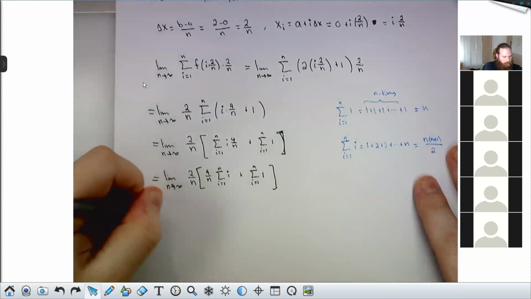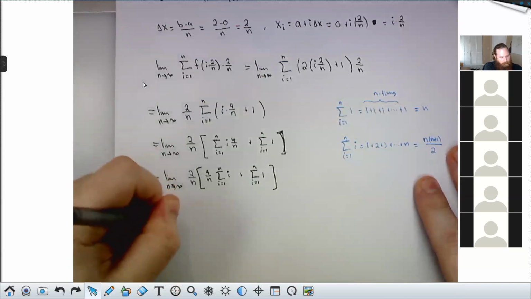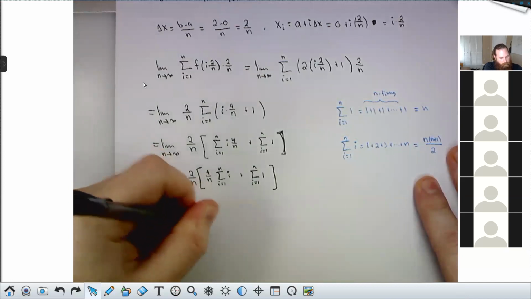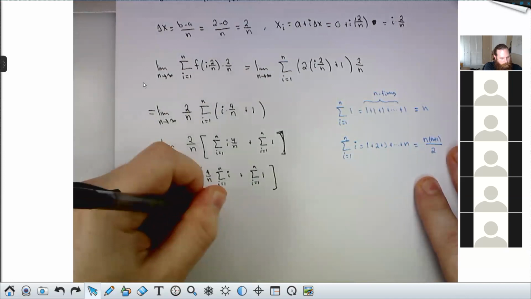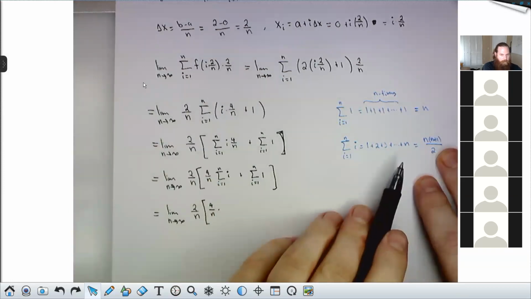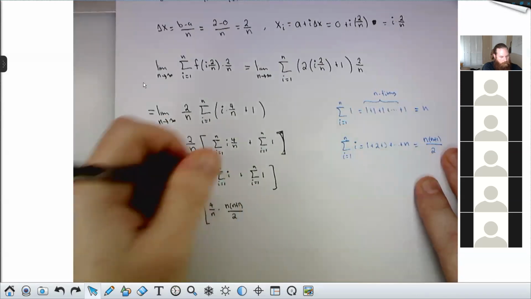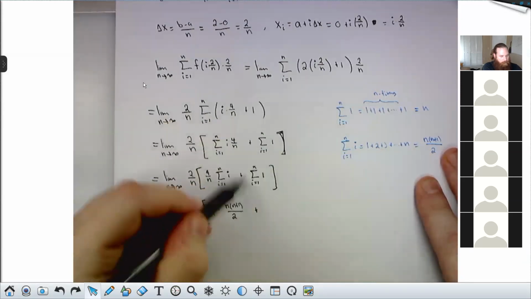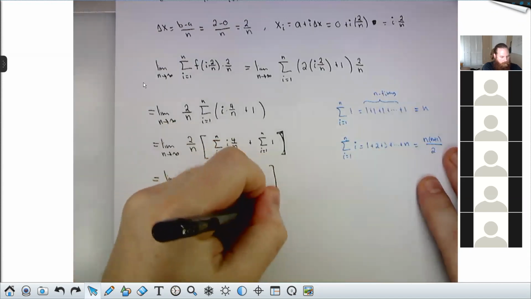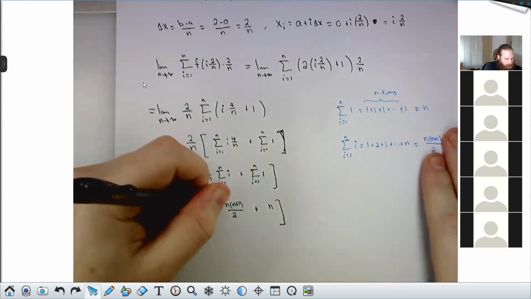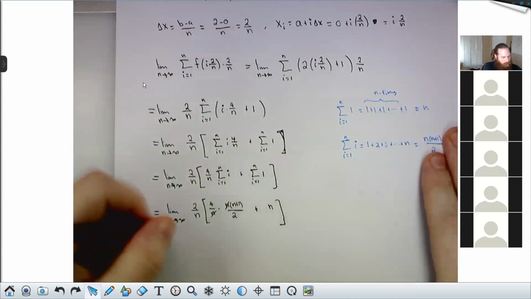So I'll have the limit as n goes to infinity, 2 over n, bracket, 4 over n times this, n times n plus 1 over 2, plus this, which is just n. And now we can do some algebra. This n and this n cancel, and I can distribute my 2 over n.